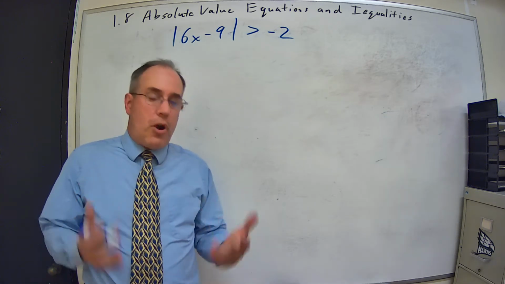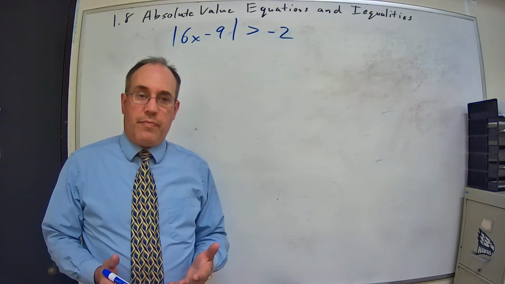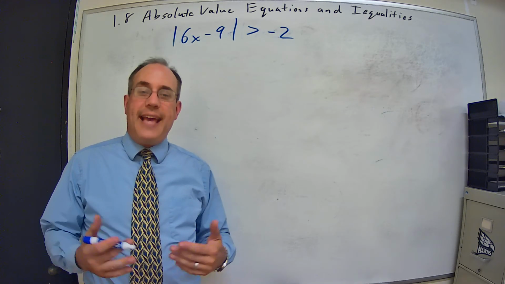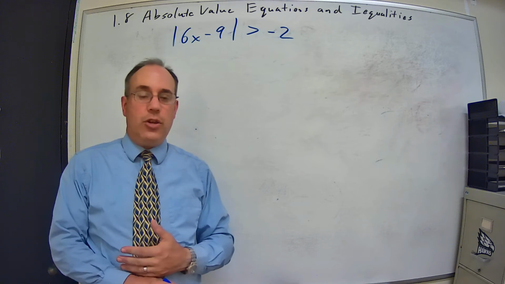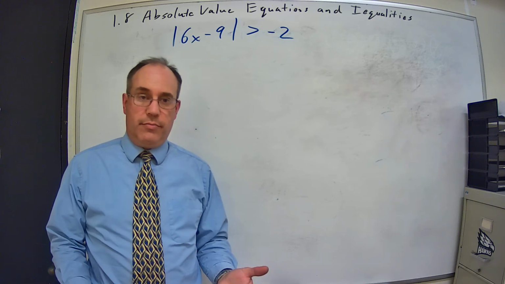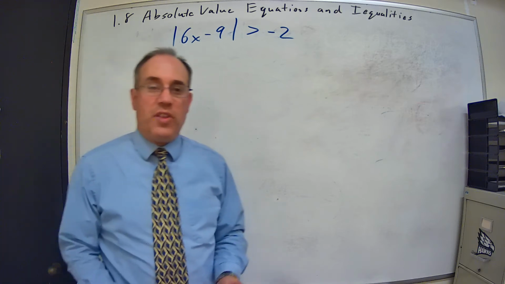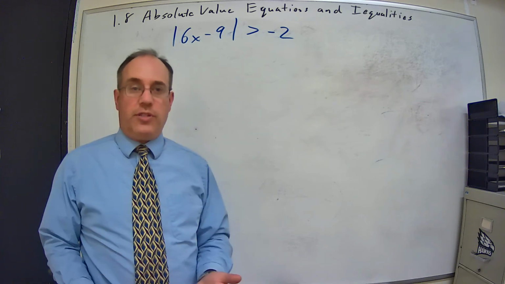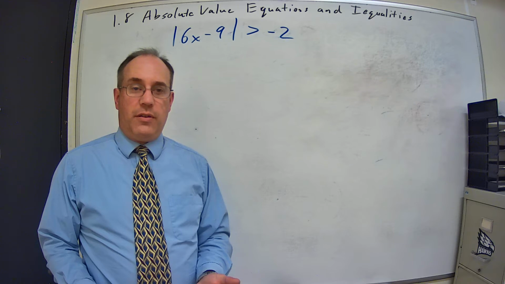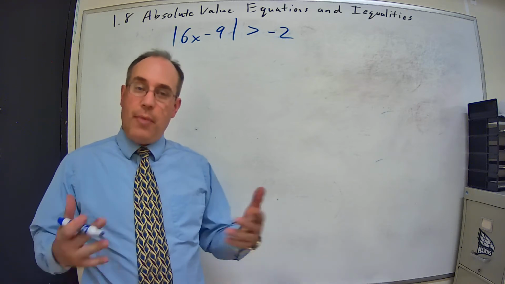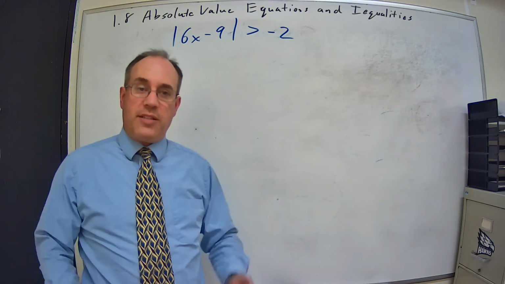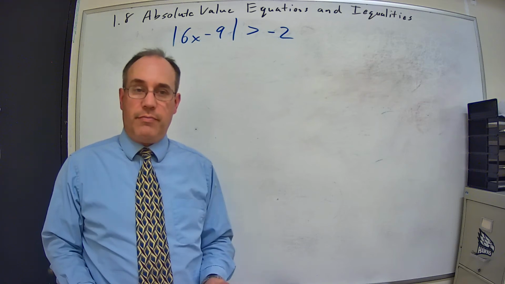is the property of absolute value. If you take the absolute value of any number, you will always come out with a non-negative result. If you take the absolute value of anything, you're going to come out with a non-negative result because it eliminates that negative sign.